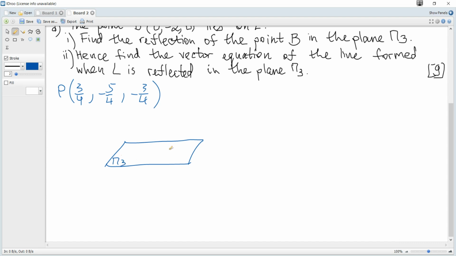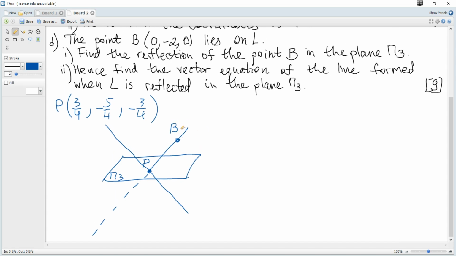Plane pi 3, the line L and point P, the point of intersection, and there is a line which is the reflection, and there is some point B with coordinates (0, -2, 0), and there is its reflection, let it be point B1, and let its coordinates be x, y, z.